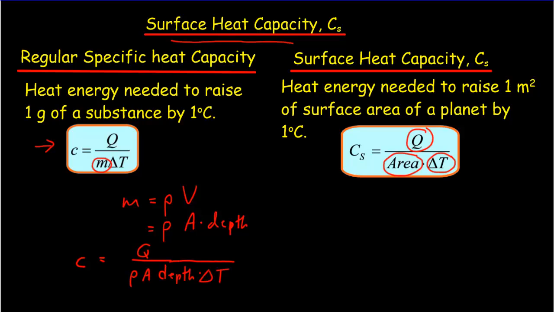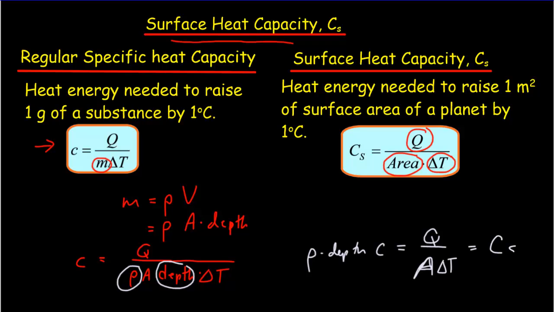And now if I multiply both sides by rho and depth, what I'm going to get here is that rho times the depth times the regular specific heat capacity will be equal to Q all over A delta T, which is just the surface heat capacity.